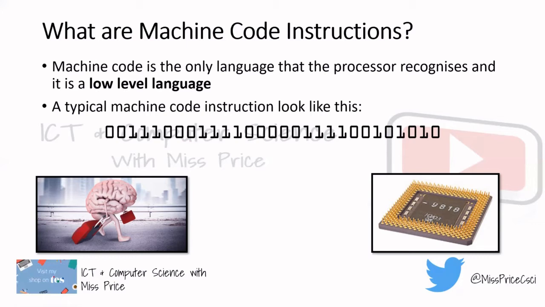Then what appears on your computer in front of you could be an icon, a video, or a PowerPoint like this one, for example. So it is essentially impossible for people to understand, but yet incredibly efficient for your processor.